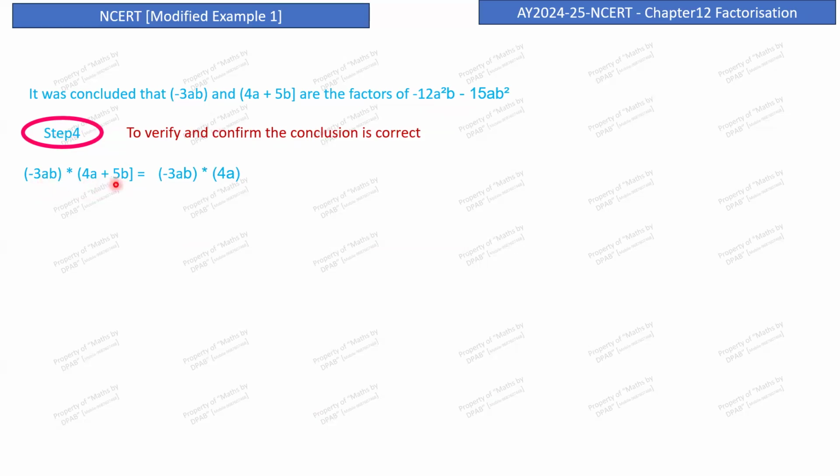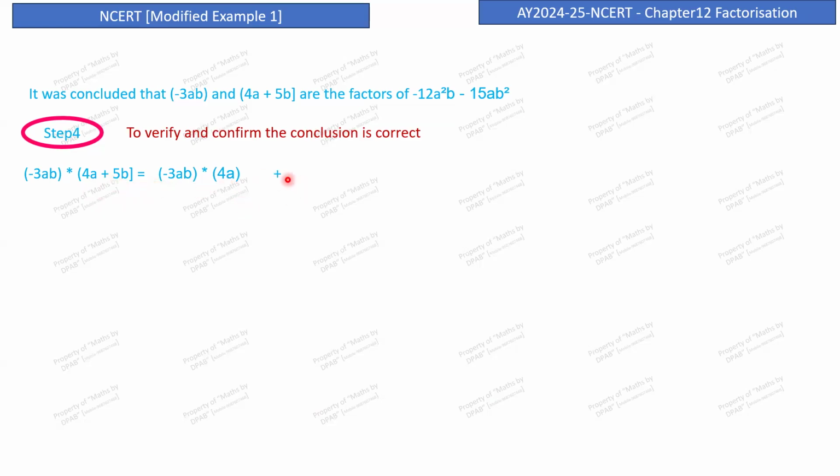So for monomial into binomial, the first term we get is the monomial into the first term of the binomial. What is the first term of the binomial? 4a. So I'm repeating, monomial into the first term of the binomial, written here. Then put the plus. This plus is there, no?